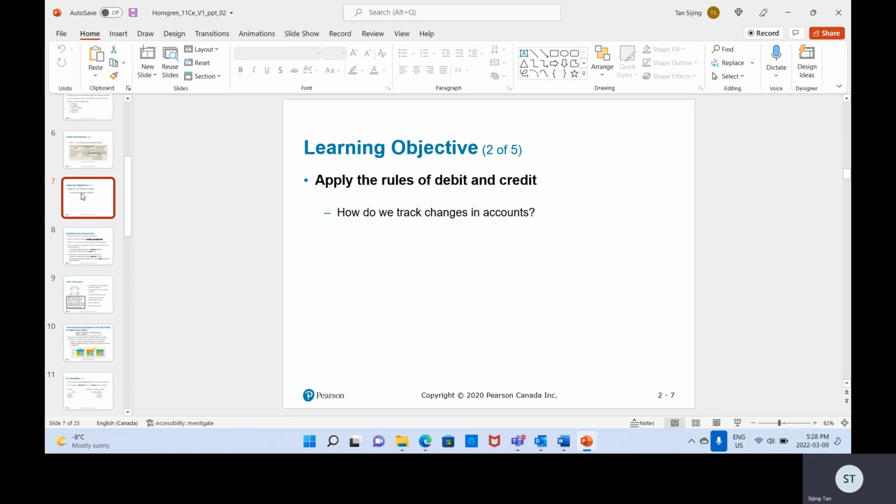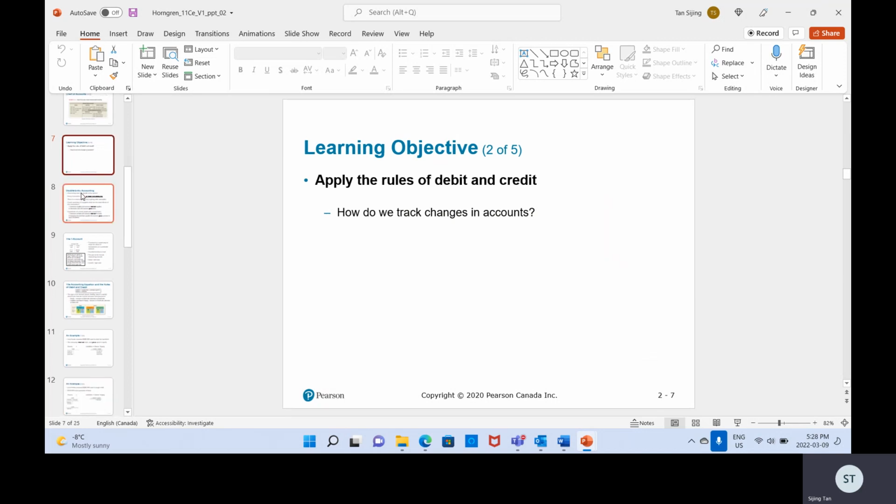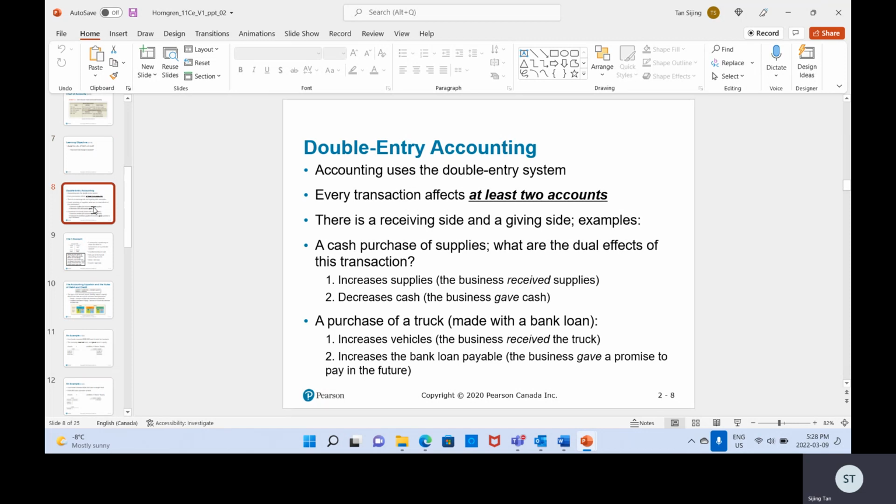Now we're moving to learning objective number 2, apply the rules of debit and credit. These double entry accounting rules are the most important rules you need to memorize because they are going to stay with you your whole life. Double entry accounting records the dual effects of a business transaction. The dual effects of a transaction can also be described as having a receiving side and a giving side.